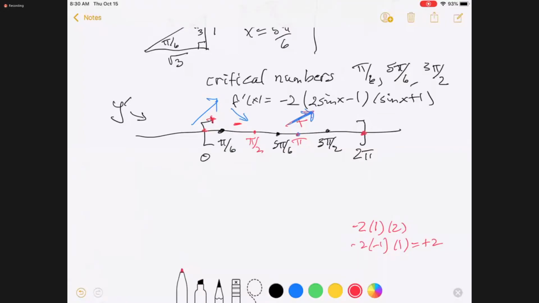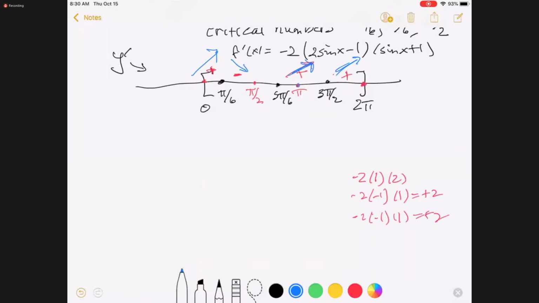All right, so if I put in pi minus 2, 2 pi is 0. Yeah, that works fine. Okay, so I get plus, still increasing, and then that means the function is still increasing.